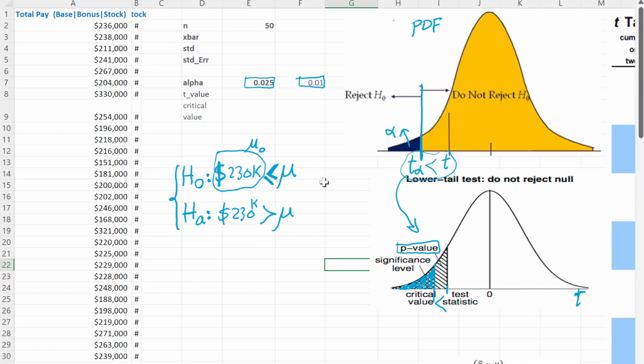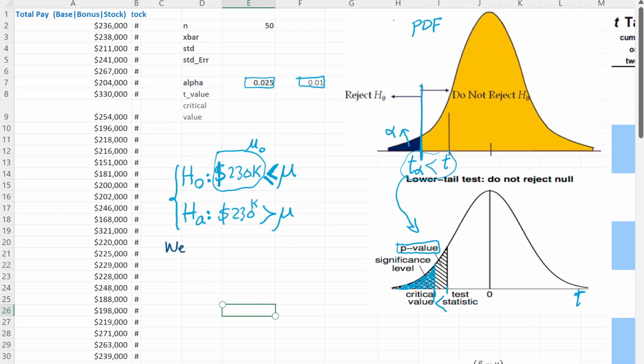And one last point is, why can't we use the standard normal distribution? The answer is we can't. Let me see if I have enough space. Here's the deal. I'm going to write using a different color.